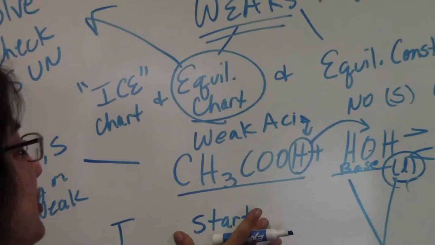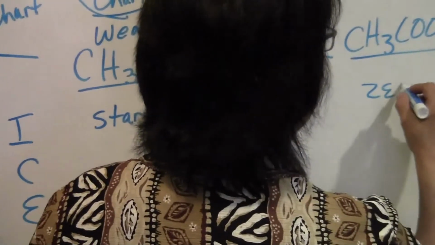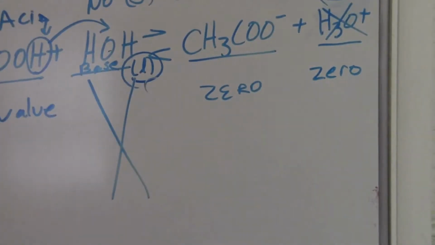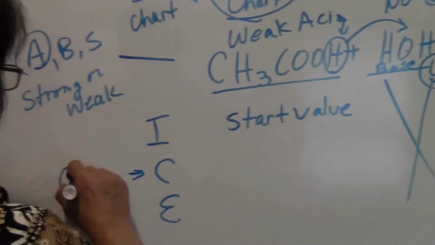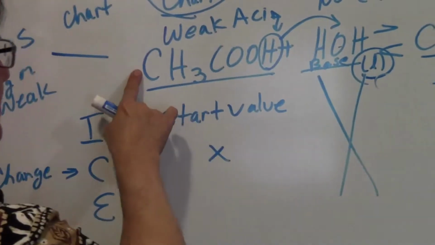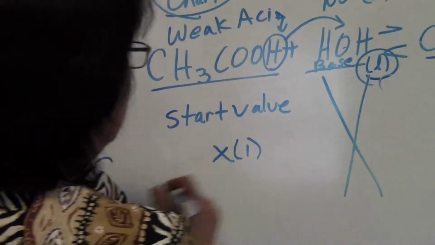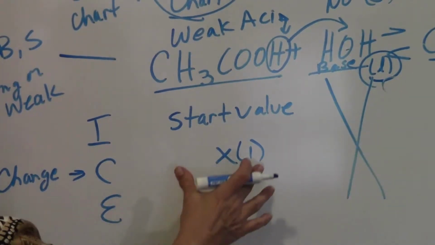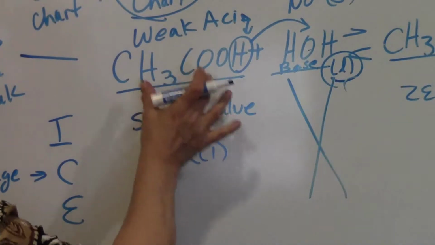We have a starting value here, and since it's the very start of the reaction, we have 0 concentrations there. Remember, for change in the ICE, we always use the letter X times the coefficient. All of our coefficients are 1, so we're not going to worry about that. Since we're starting with all this, we can only go down from our starting value.